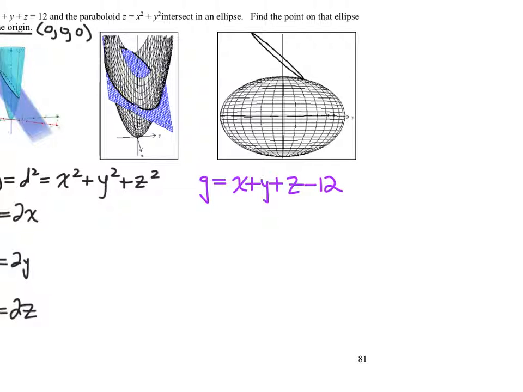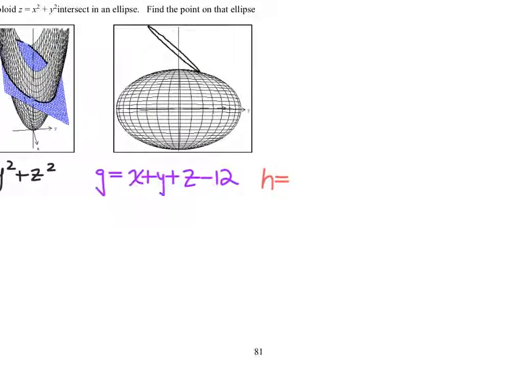Same idea. We want to set it equal to 0, and then replace the 0 with a new function name. In this case, we already used g, so we'll call it h. X squared plus y squared minus z. All right. So h is going to be x squared plus y squared minus z.